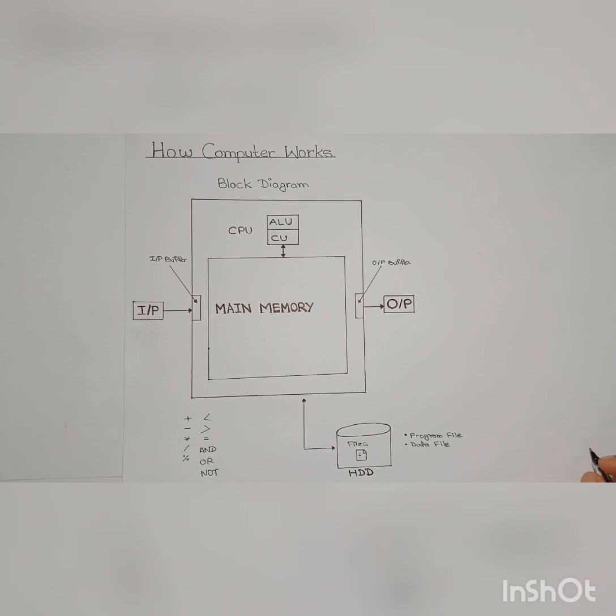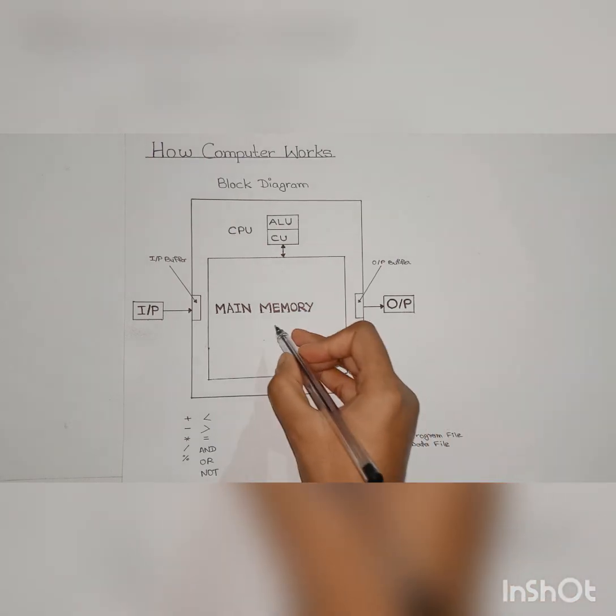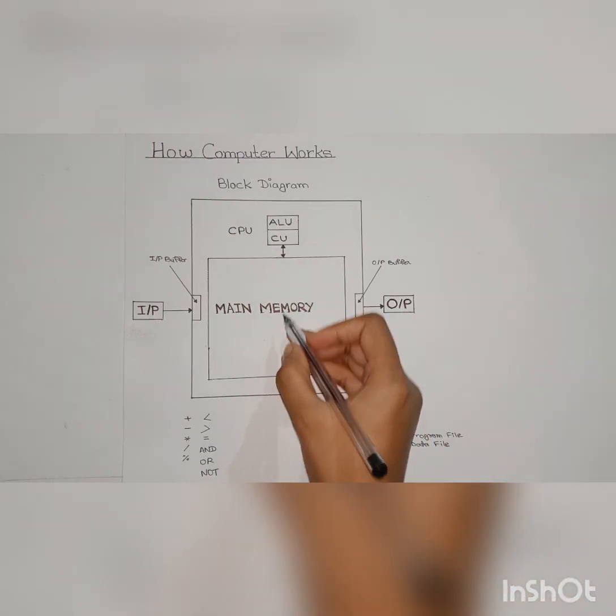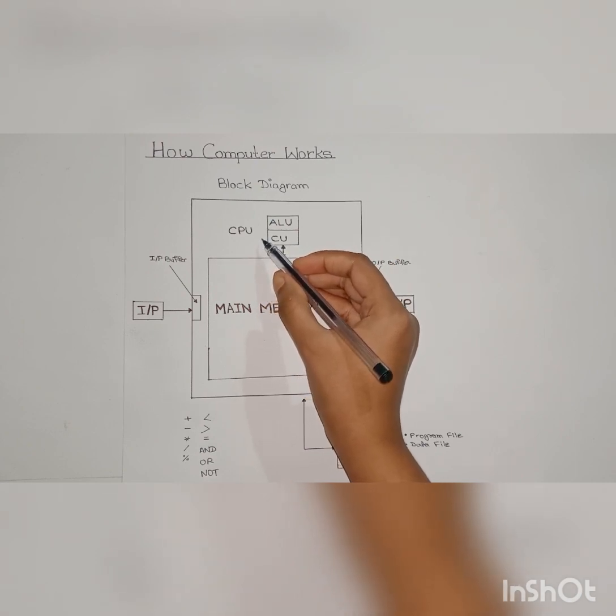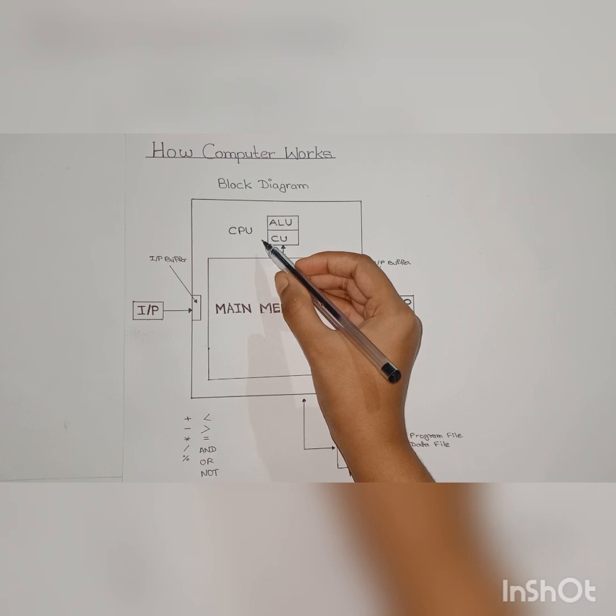Before that we need to write the program and save it. All the programs are saved in the hard disk drive. So suppose we want to run that program. That program must be present inside the main memory so that the CPU can execute it by taking instructions line by line.